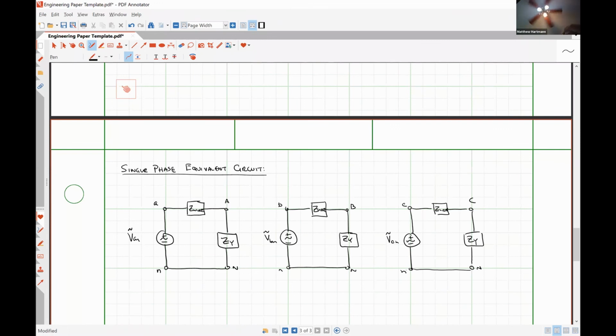single-phase equivalent circuits, and let's just talk very briefly about the information that we can glean from analyzing these pretty easily. So we should be able to figure out what line currents are pretty easily, and I might work an example that illustrates this momentarily.